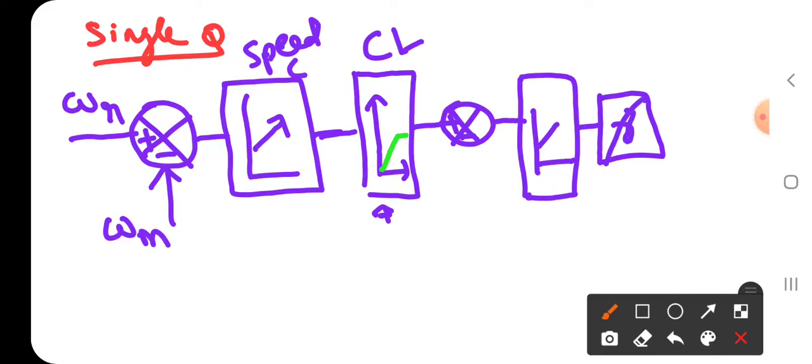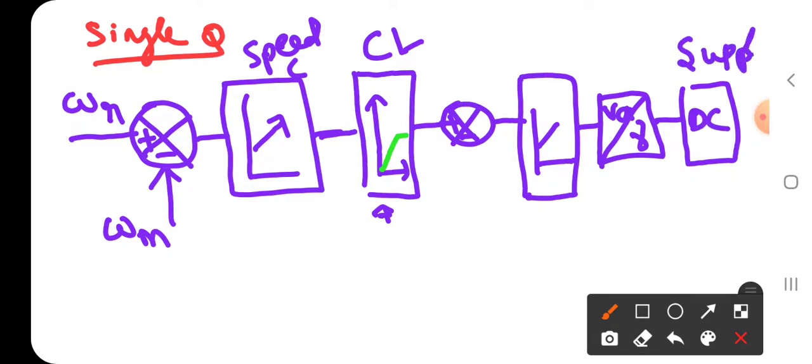So VA will be changed with gamma. This gamma will be given to the gate signals, through VS, the DC source, and it is fed to the motor.